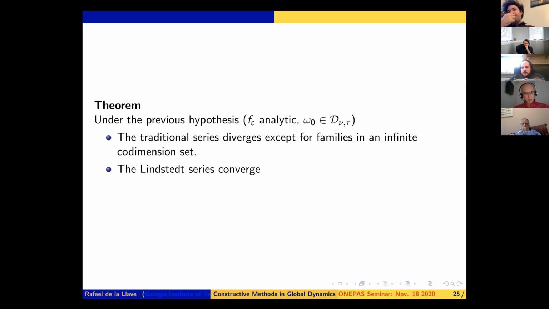Unless you put infinitely many constraints in your family, the traditional perturbation series is going to diverge. Otherwise, the Lindstedt series always converges, with the hypothesis that omega 0 is Diophantine so that I can solve the cohomology equations. We will prove the second theorem, and for the first theorem I will give some hints.